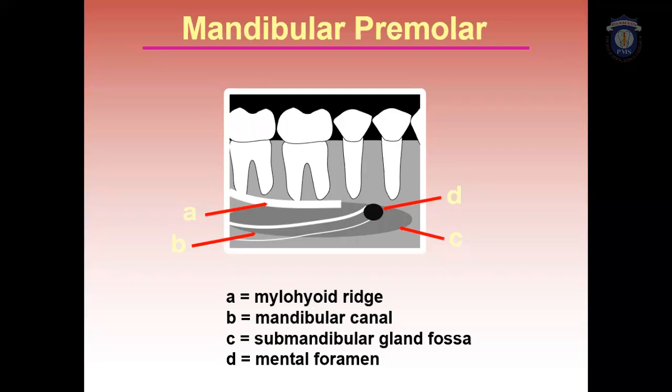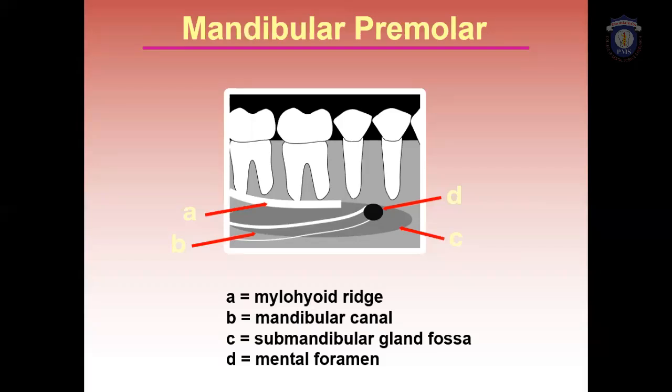Coming to the mandibular premolar region, A is a radiopacity which passes through the periapical region of the mandibular molars, that is the mylohyoid ridge. Area B is the mandibular canal, a radiolucent path passing through the body of the mandible, about 1 centimeter from the mandibular molar roots.